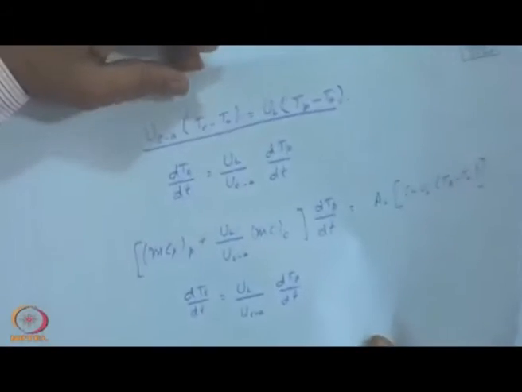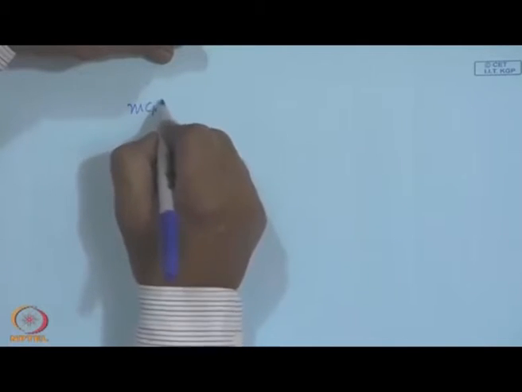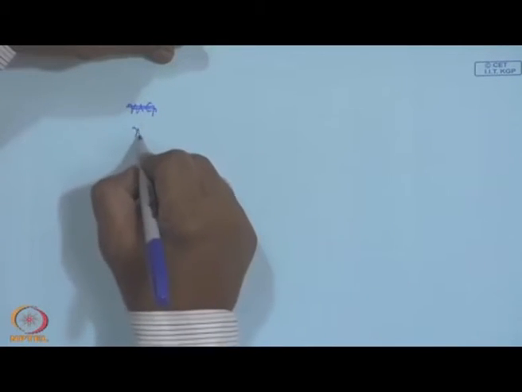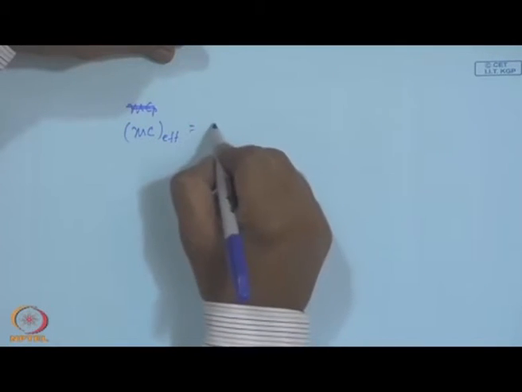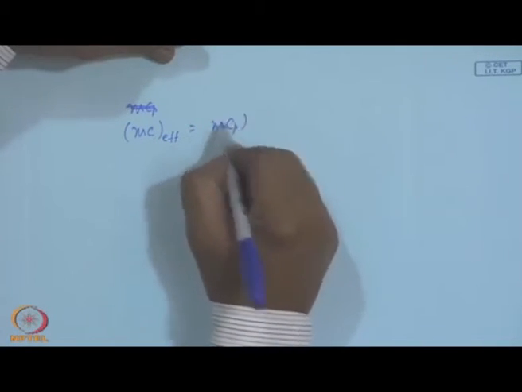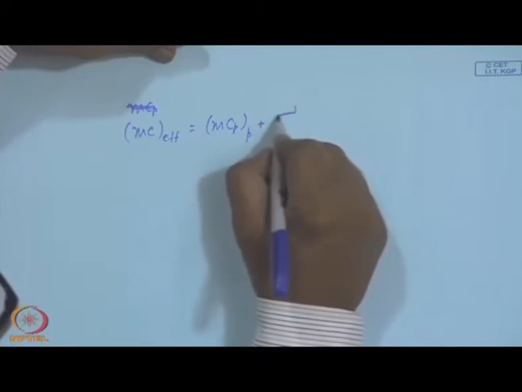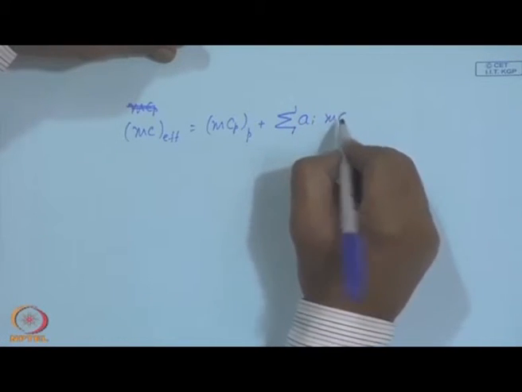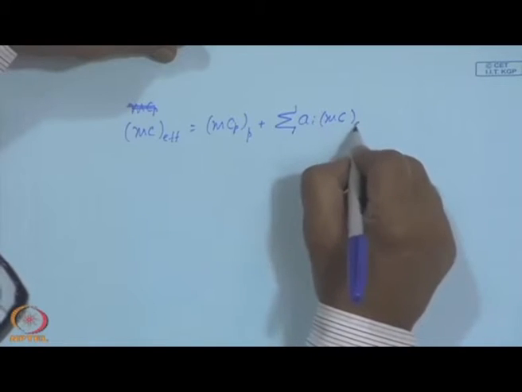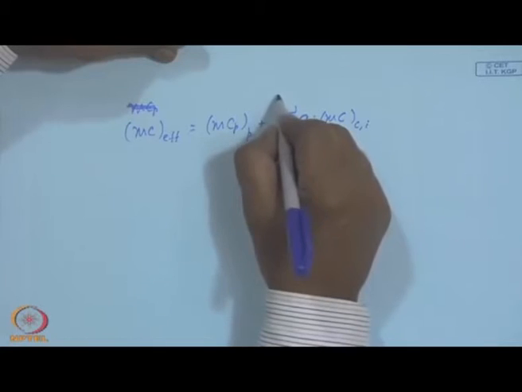We might write it as m c effective of the plate plus sigma A I m c of the cover I, where I is equal to 1 to n.